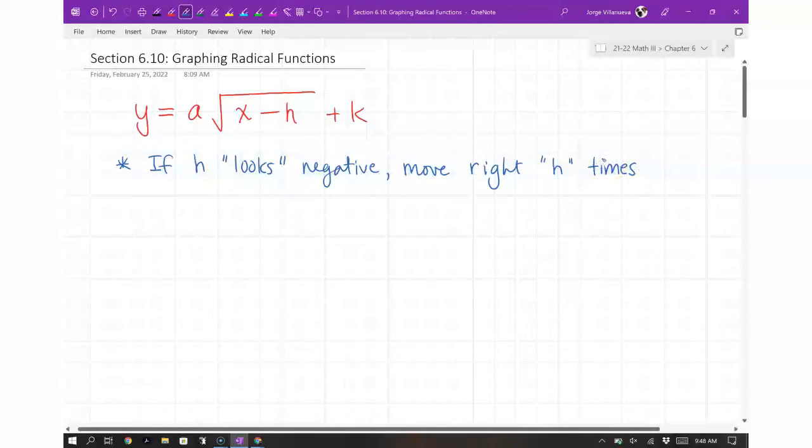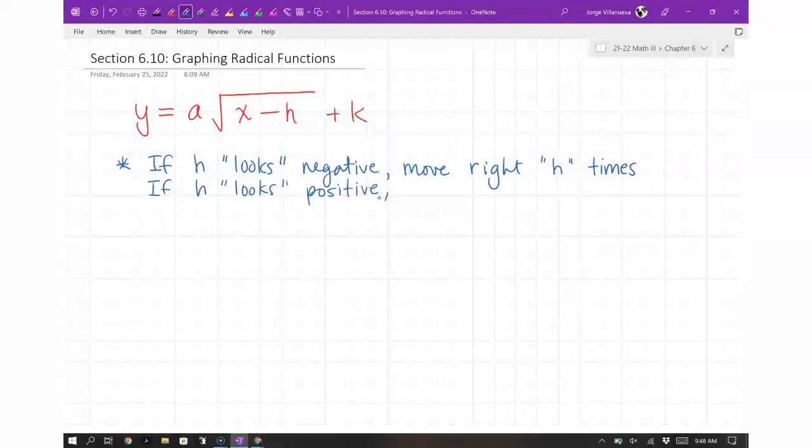Remember, we did this with parabolas. We did it with absolute value functions. We did all this stuff that we're about to write down right now. If h looks positive. Now remember, h always lies to you, right? Whatever it tells you it is, it's actually the opposite. So if you see like a +3 or a +4 on the h position, that means it's really a negative, okay?